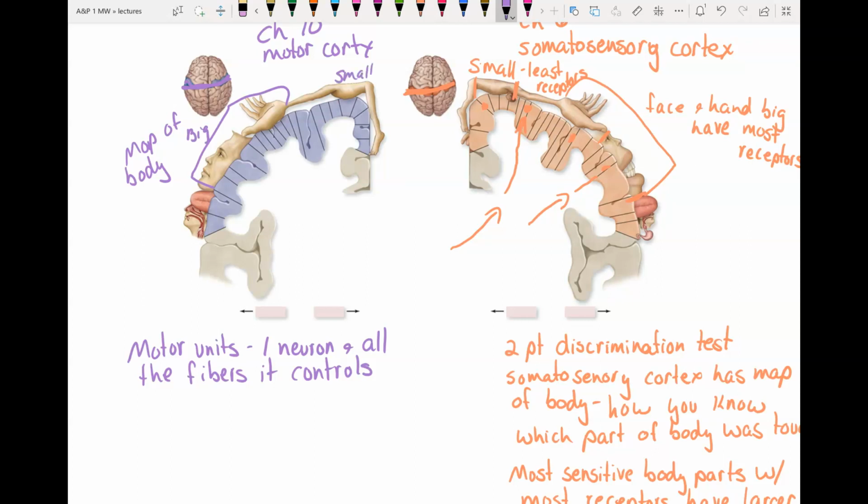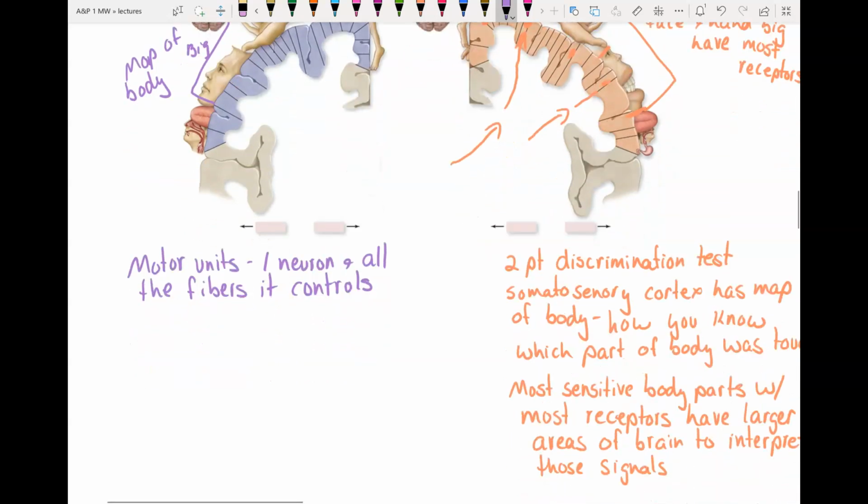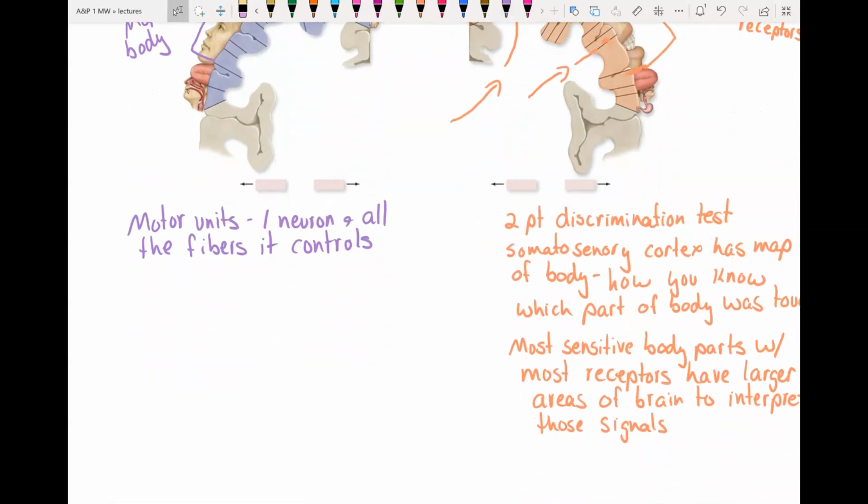This time the sizes relate to the size of the motor units. So your hand, remember we talked about fine motor skills? Fine motor skills have small motor units.